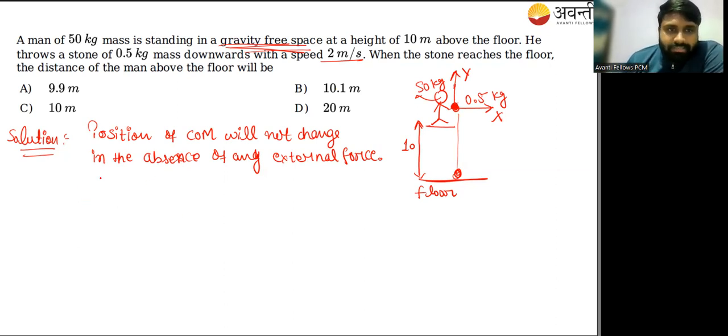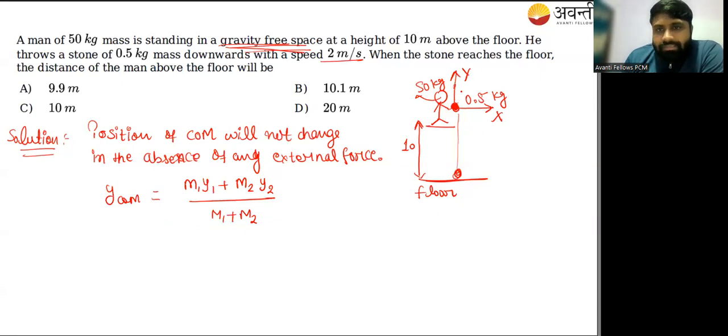So we will say that y center of mass will be m1 y1 plus m2 y2 divided by m1 plus m2. Now, if I consider initially the center of mass at this position, for both man and stone, and this is the origin, it will be 0, 0. So y center of mass will be 0 here.